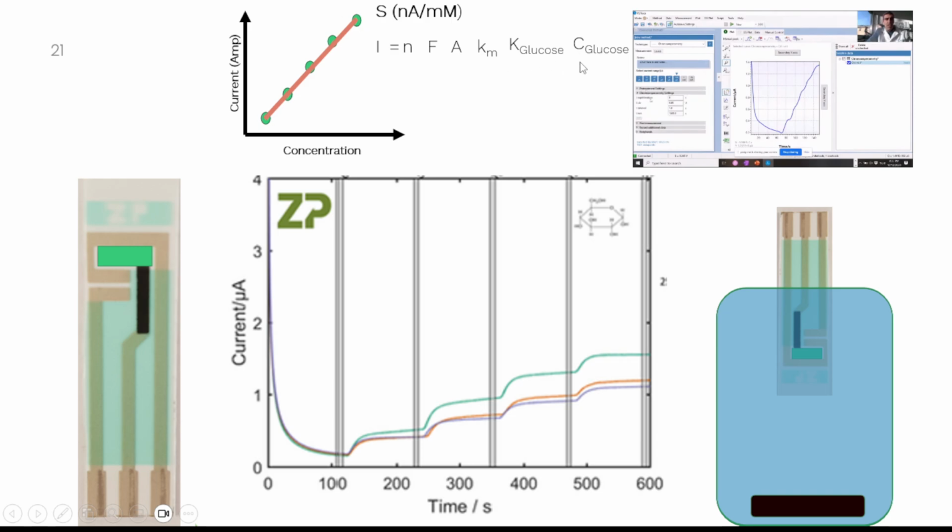When you look at that equation, all those terms are tied up in S. So you can almost say that current is proportional to slope times glucose concentration. There's also probably an offset if you didn't get zero current at zero glucose concentration, but all those terms are tied up in that S value.